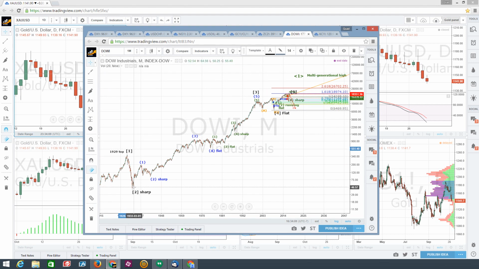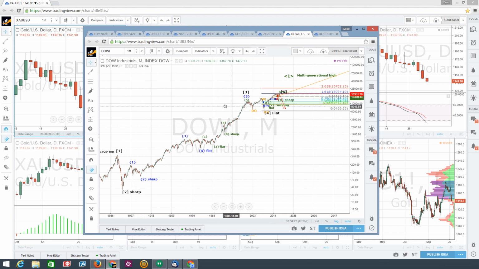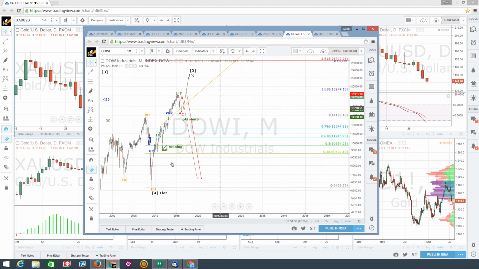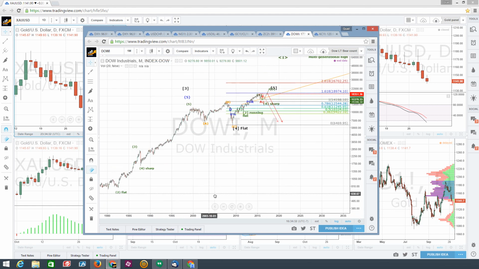Major crash, very sharp wave 2. But from that low, we saw an initial impulse up for wave sub 1, sub 2, 3, 4, which was a flat correction, alternating nicely with wave 2, which was sharp, and then a 1, 2, 3, 4, 5, 5 of 3. And ever since that 2000 top for wave 3, let's zoom in here a little bit closer.